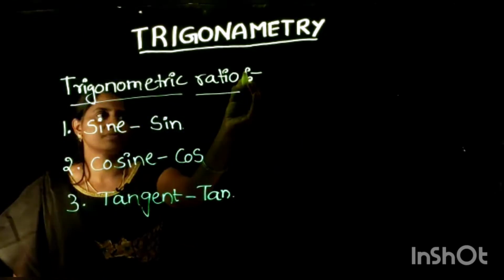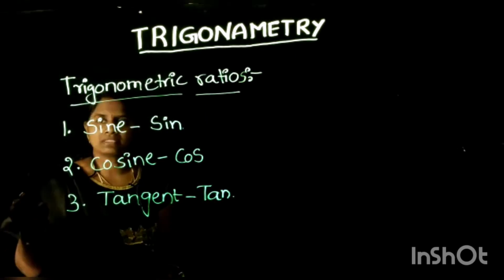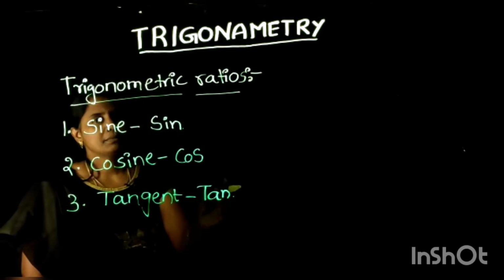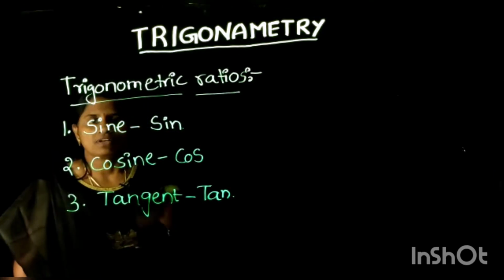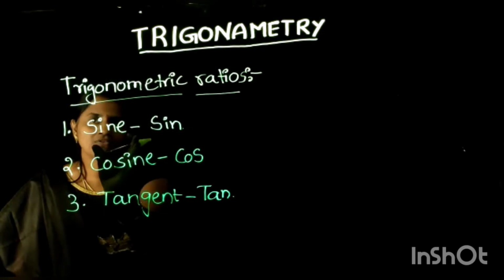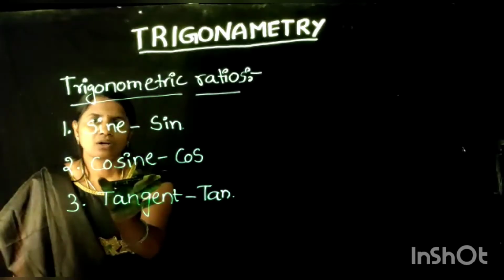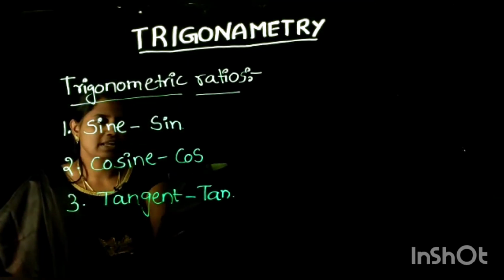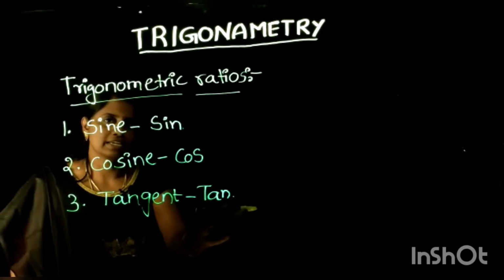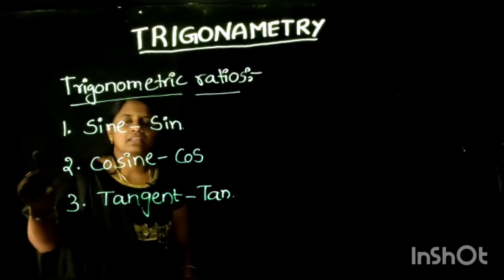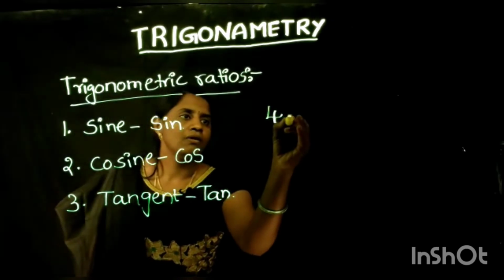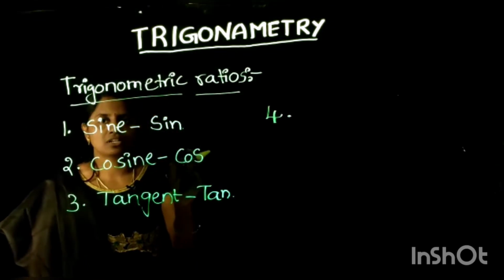Trigonometric ratios. Here we have three basic trigonometric ratios and the remaining three are their multiplicative inverse ratios. First one, sine, whose short form is sin. Next one, cosine, whose short form is cos. Third one is tangent, whose short form is tan. These are the basic trigonometric ratios. The other three are the multiplicative inverse ratios.